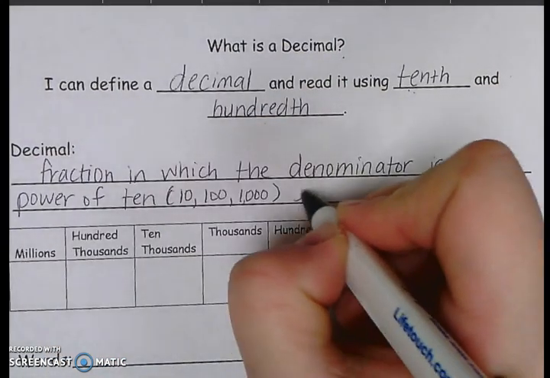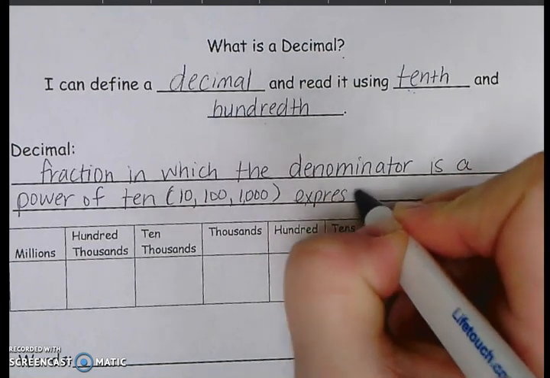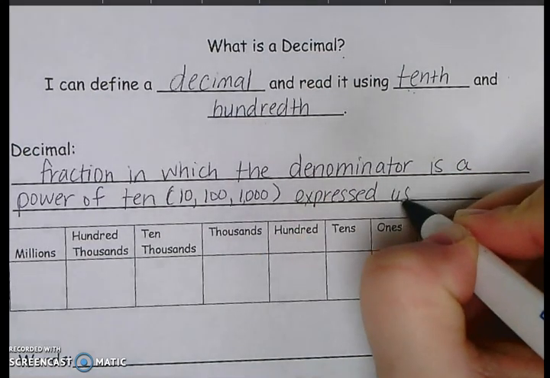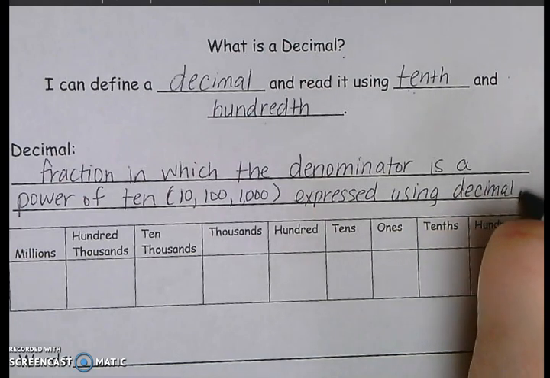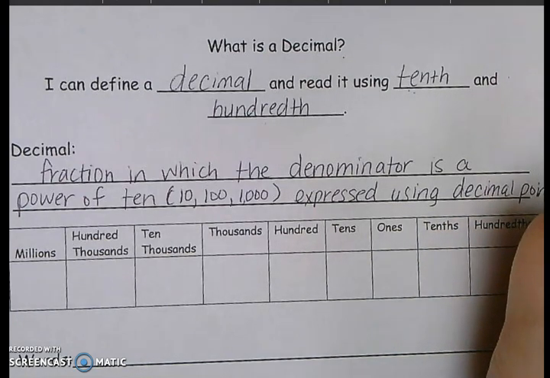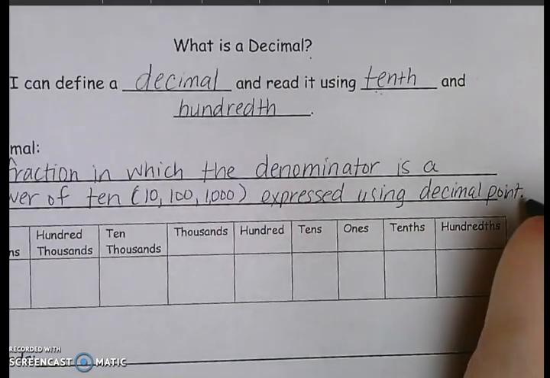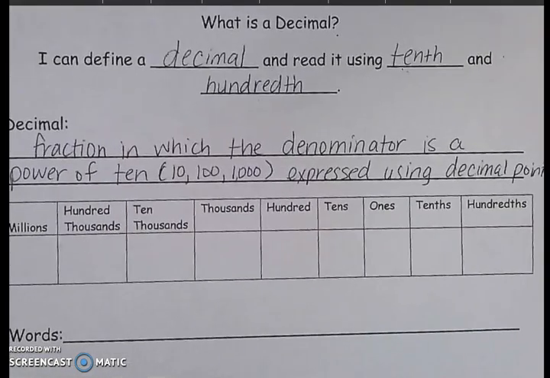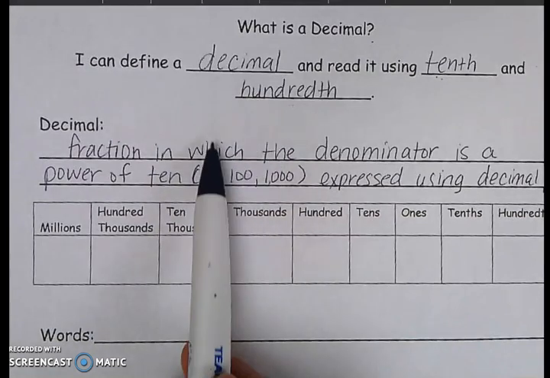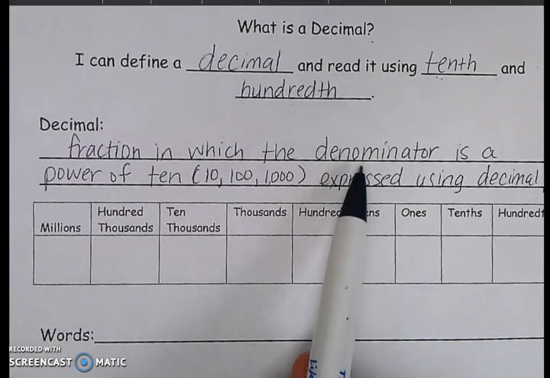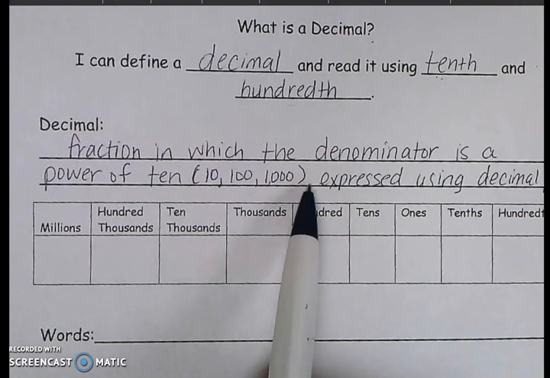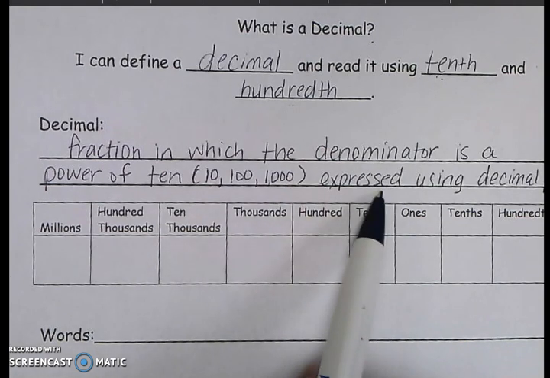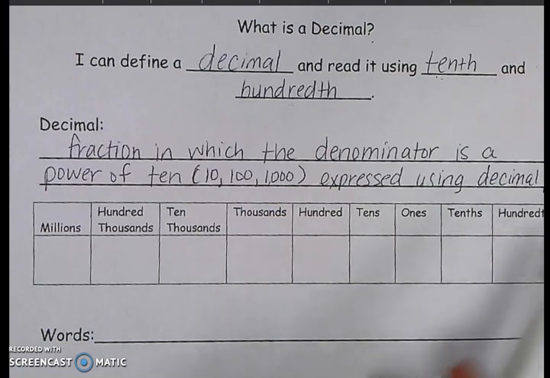Okay? But it is expressed using a decimal point. A decimal point is just like a period. So we're going to talk about a fraction which has a denominator with a power of 10, like 10, 100, or 1,000. There's more than that as well. But we're going to talk about it expressed using a decimal point.